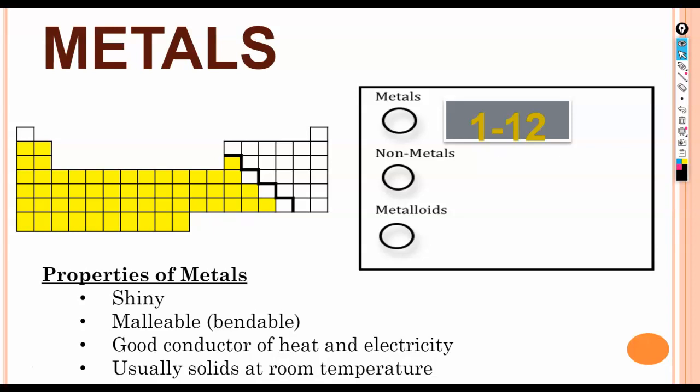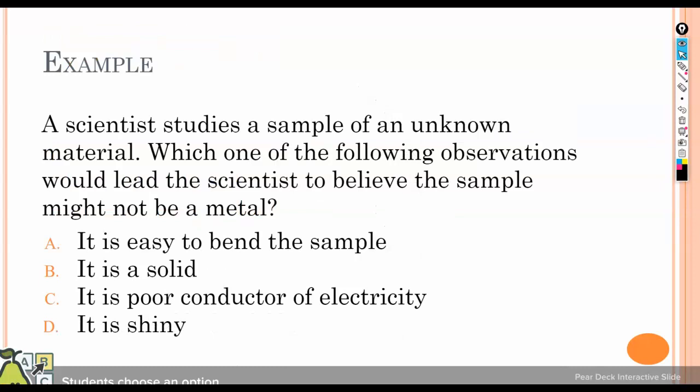Okay, so now we're going to answer some questions in your Edpuzzle video using your notes. Let's see if we can answer this question. A scientist studies a sample of an unknown material. Which one of the following observations would lead the scientist to believe the sample might not be a metal?